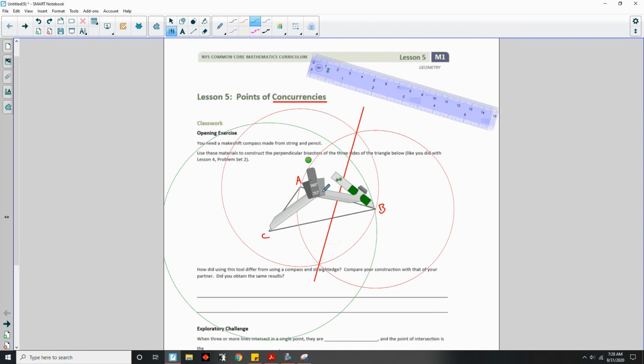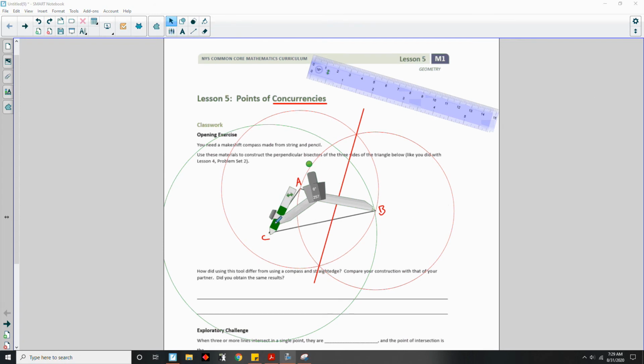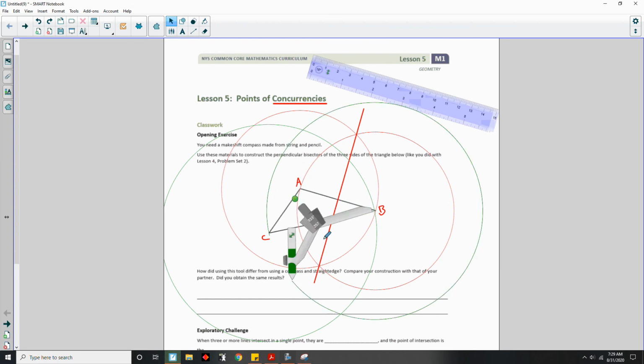Flip my compass over, put my compass at B, centered at B with a radius of BC.